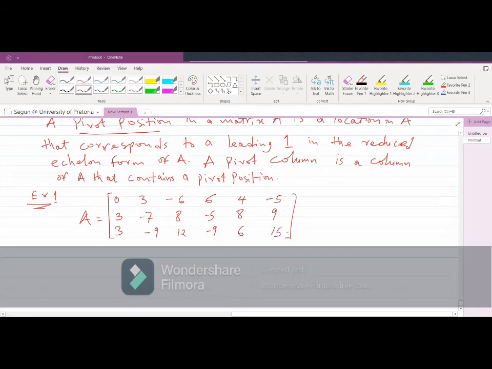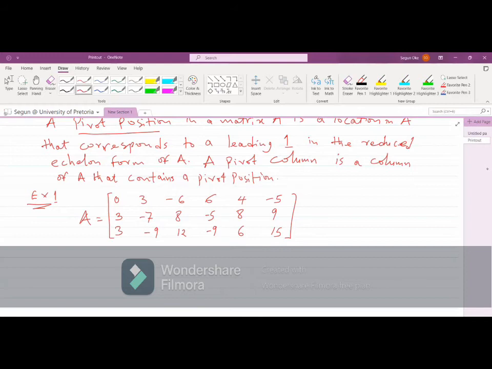So what is the dimension of this matrix? Anybody? Three by 6. Yes, sir. Good. Why? Because we have 6 columns and 3 rows. So what is pivot now in this case?